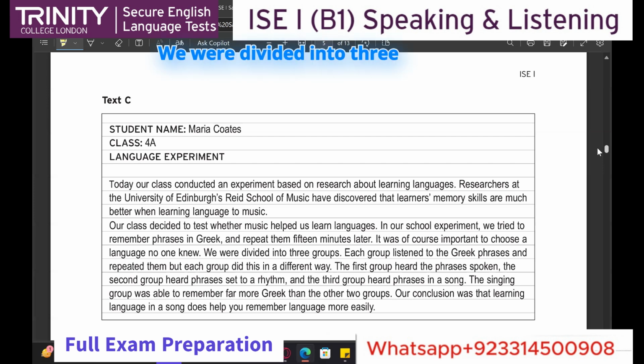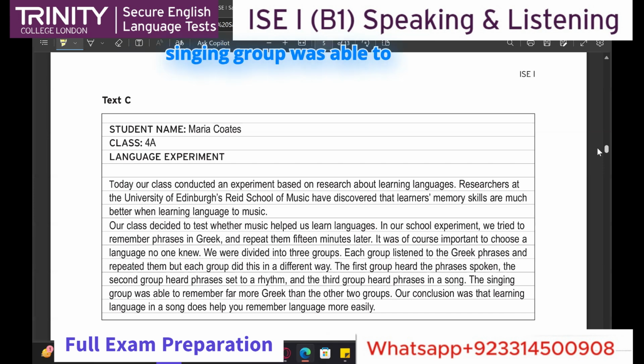We were divided into 3 groups. Each group listened to the Greek phrases and repeated them, but each group did this in a different way. The first group heard the phrases spoken, the second group heard phrases set to a rhythm, and the third group heard phrases in a song.